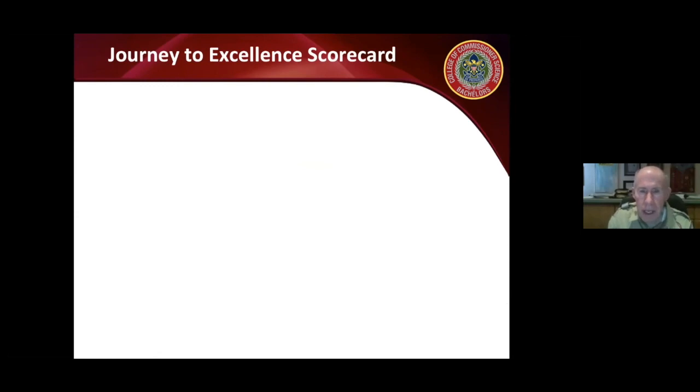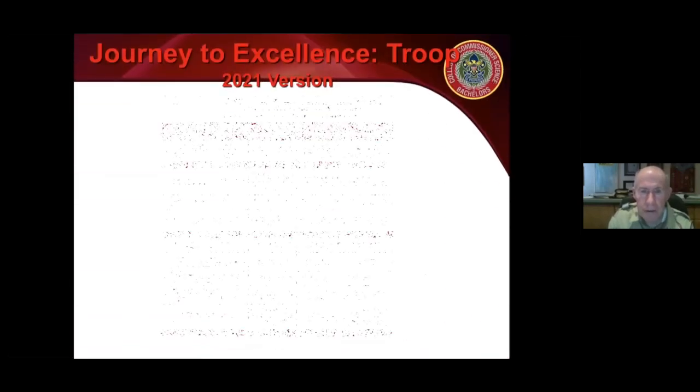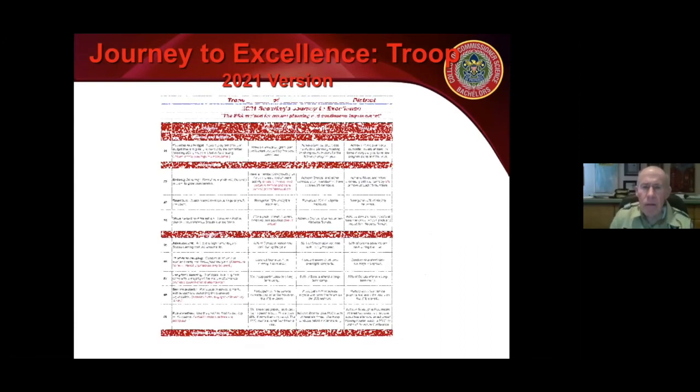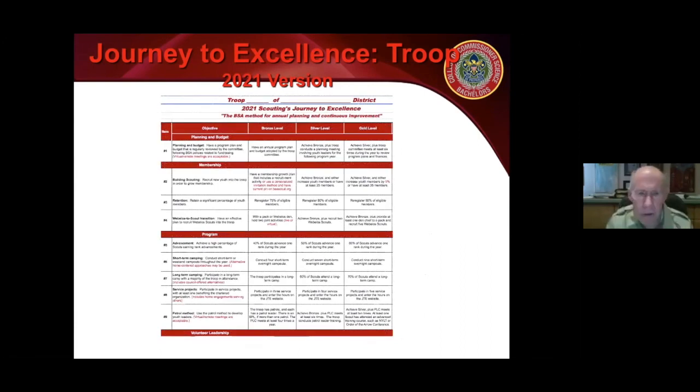Now, the Journey to Excellence scorecard for 2021 on the troop level. This is the first part of it. We have the objective. We're looking at planning, membership, program, volunteer leadership, and we move across from the left side over to the right, the objective, and if we achieve minimum level, we will be bronze.